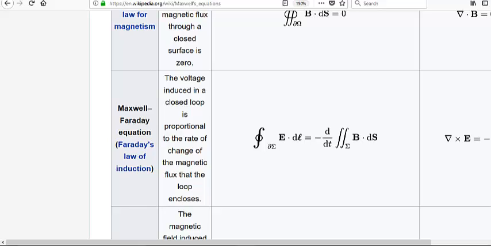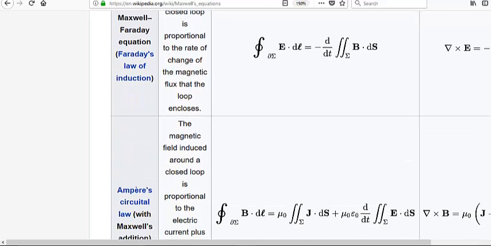And then this integral is actually a rate of change, so it's a little bit different than Ampere's law. It looks like Ampere's law, but involves some kind of derivative. And then the last one, oh yeah, there's Faraday's law. This is Faraday's. I got confused. So this is Faraday's law. We just looked at that.